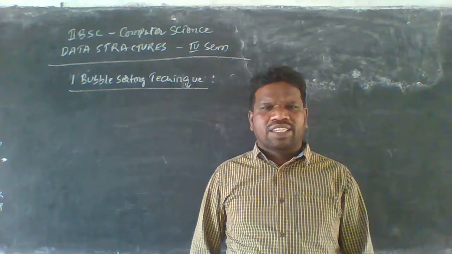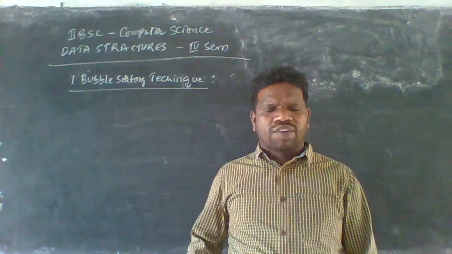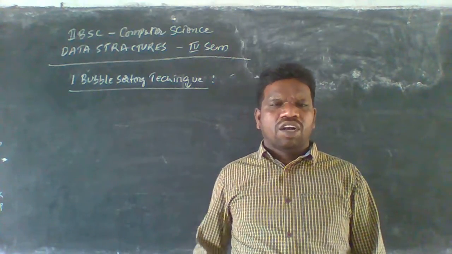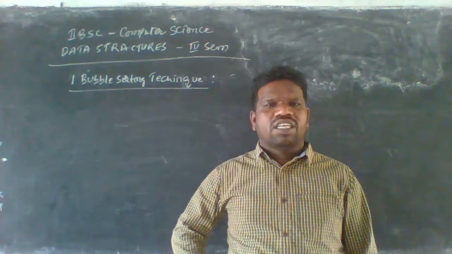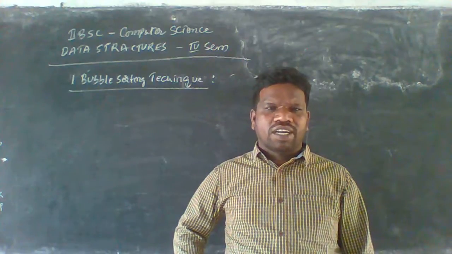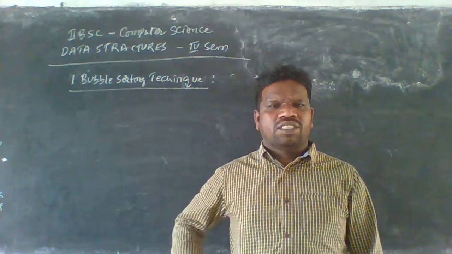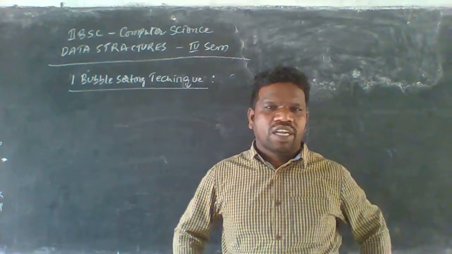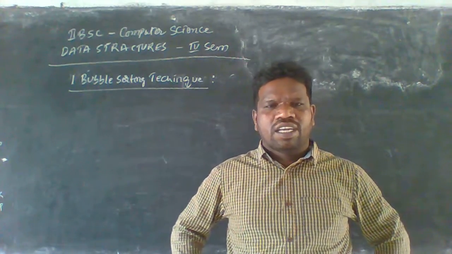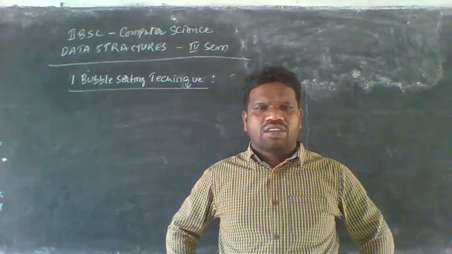This iteration goes to the end of the first iteration, then the second iteration and the third iteration, and we can implement these iterations as convenient. After this, when no iteration is needed, the sorting is complete.